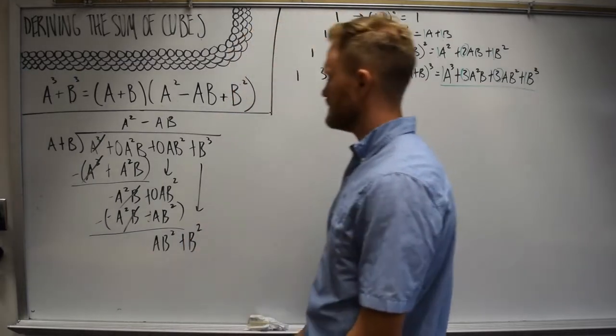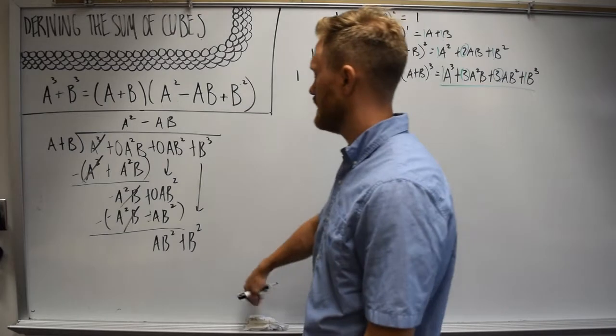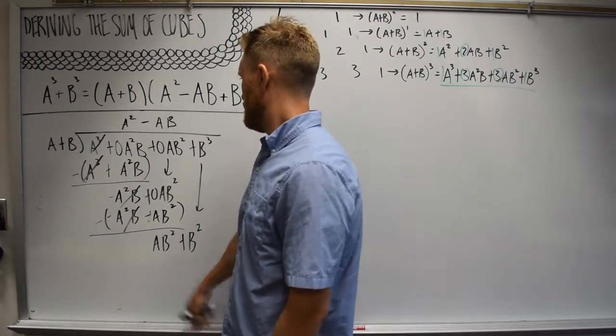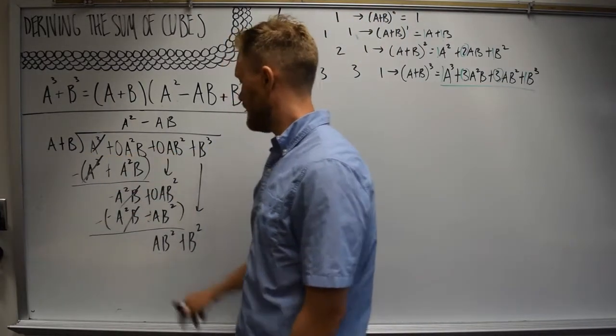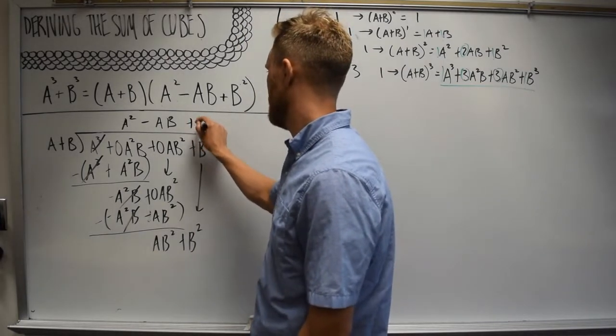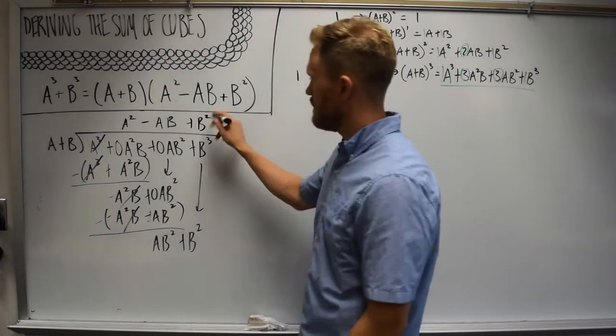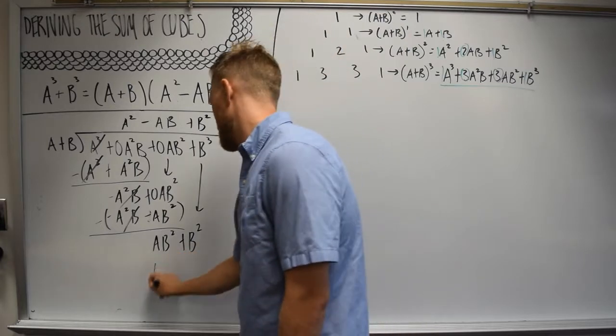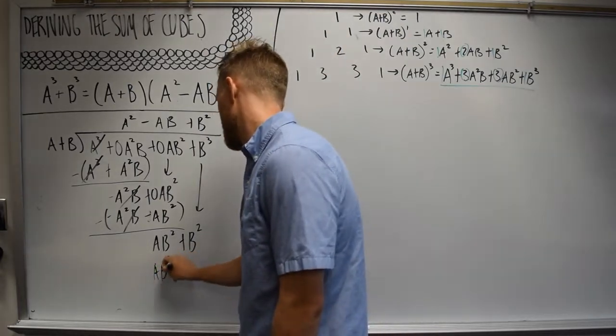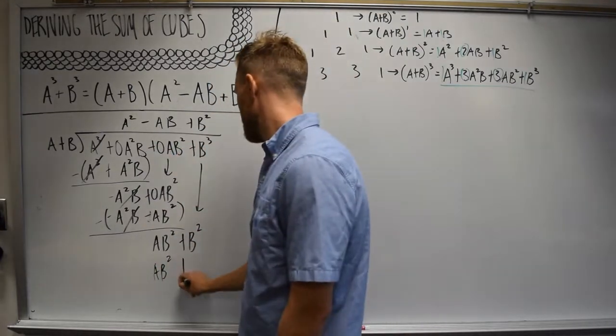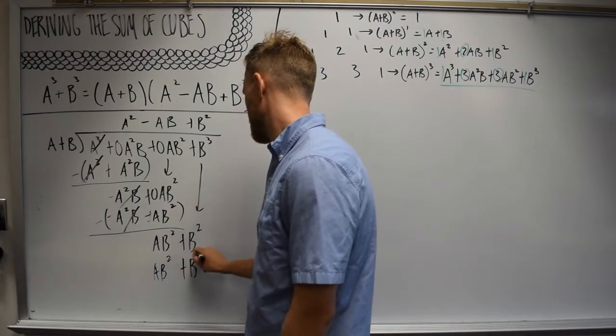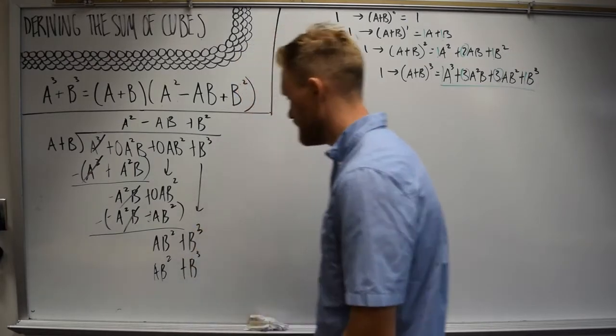And then we ask ourselves, what do we have to multiply a by to get ab squared? We have to multiply it by b squared. So b squared times a is ab squared. B squared times b is b cubed. Oh, and that should have been b cubed.